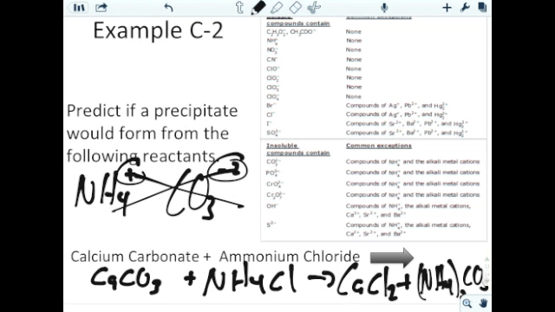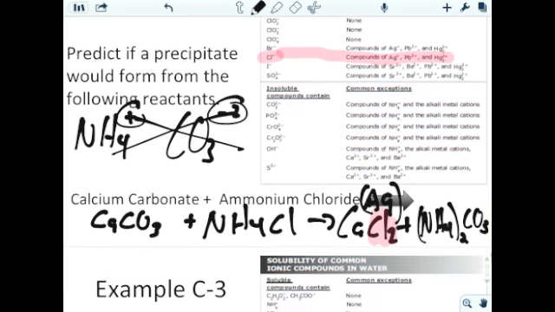So let's look at if a reaction is actually taking place. So in our first possible product, we see that it's bonded to chlorine. Calcium bonded to chlorine. Well, where's chlorine? Chlorine's right there. Okay, the only exceptions that it has, compounds containing silver, lead, or mercury. It's bonded to calcium, which is none of those. So this is going to be aqueous. Stays in solution. Okay, our next possible product, we see that we have carbonate.